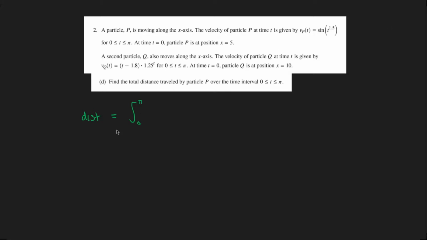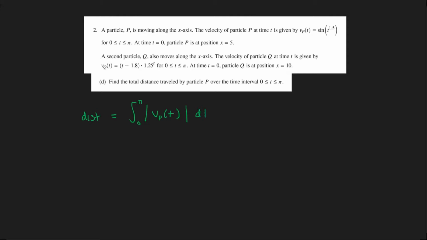And since we're dealing with total distance, we know that we need to deal with absolute value. So let me just open that here. And then we're dealing with particle p, so I'll just write the velocity function. Then close the absolute value.